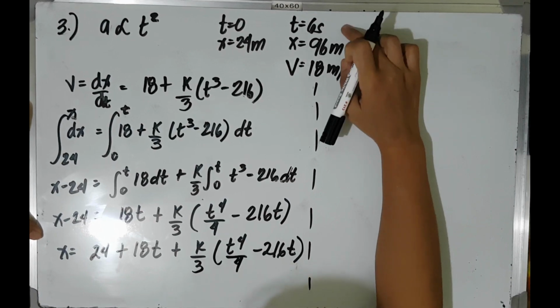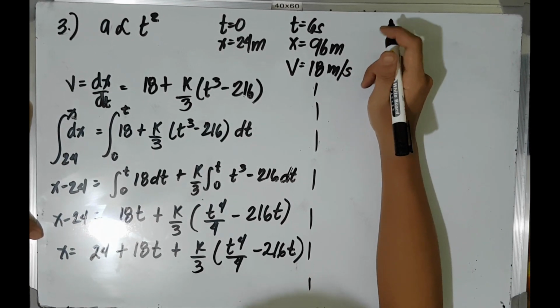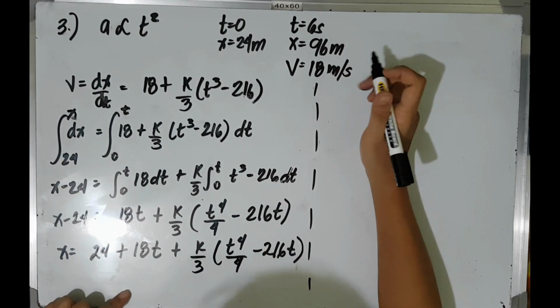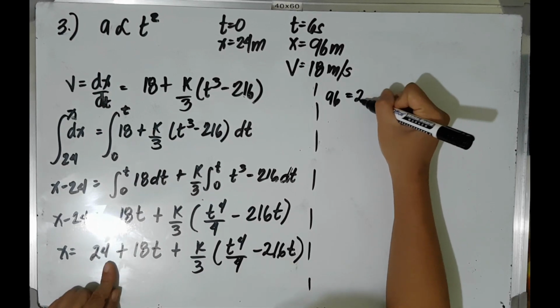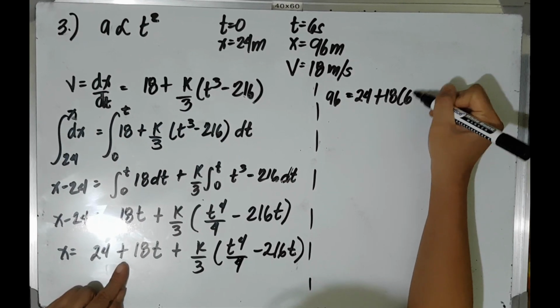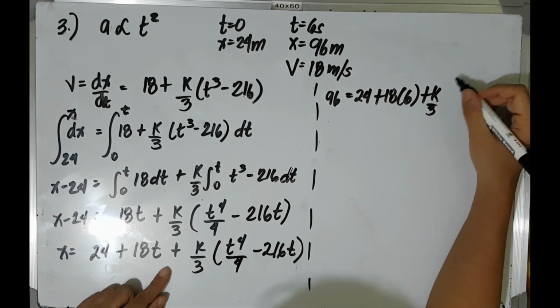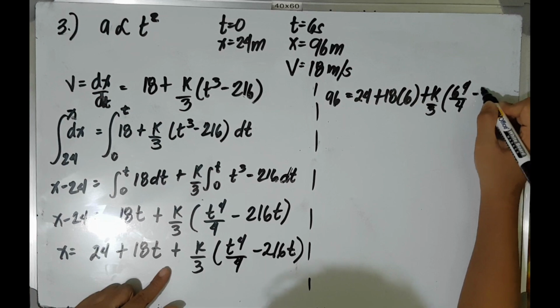So at time t equal to 6 seconds, we have x is equal to 96 and then velocity is 18 meters per second. So we substitute the value of x with 96 and then time as 6 seconds to get the value of k, or our constant k.